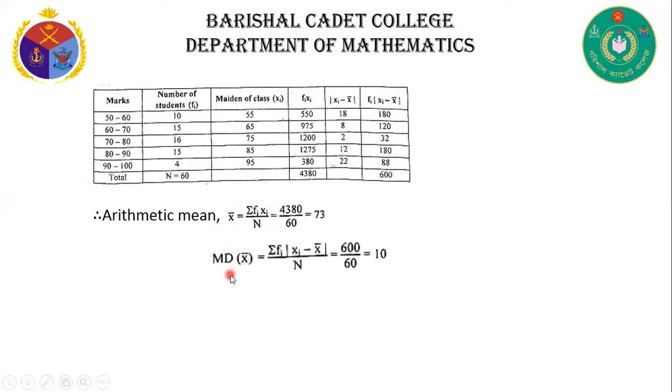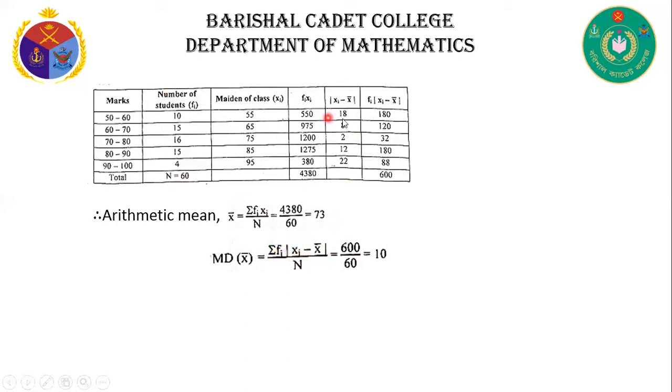Now we know the formula for the mean deviation: summation of Fi modulus of Xi minus X bar, divided by N. Here the sum of the frequencies is capital N, which is equal to 60. And we also find Fi modulus of Xi minus X bar.